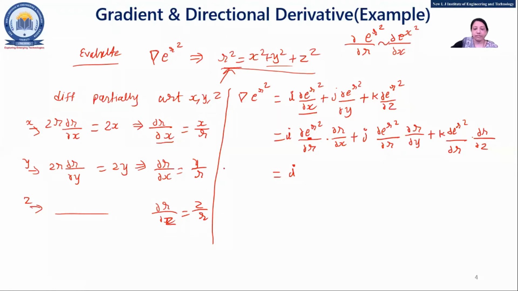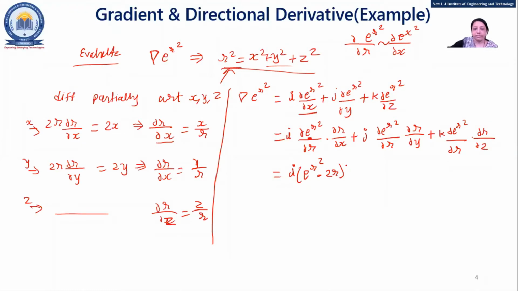So it is i times e^(r^2) as it is, into the chain rule derivative of r^2, which is 2r. So e^(r^2) into 2r.